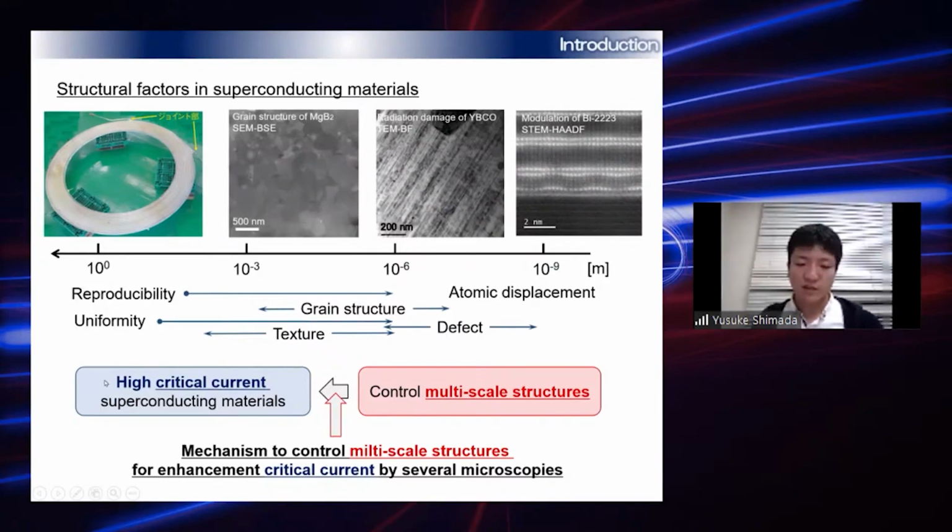So to fabricate high critical current superconducting materials, it is necessary to control multi-scale structures. So we try to obtain the mechanism to control multi-scale structures for enhancement of critical current by several microscopies.